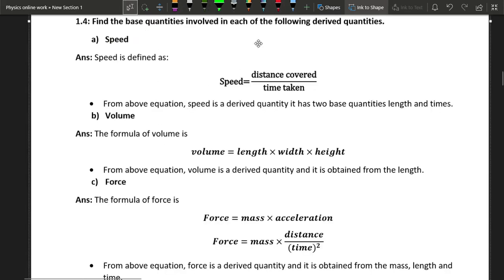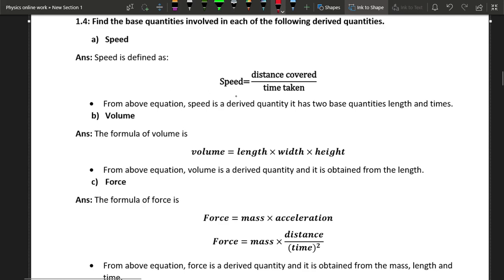Now question number 1.4 is find the base quantities involved in each of the following derived quantities. In this type of question, you must write its formula, and then by using this formula we find the base quantities involved in these derived quantities. So the first one is speed.